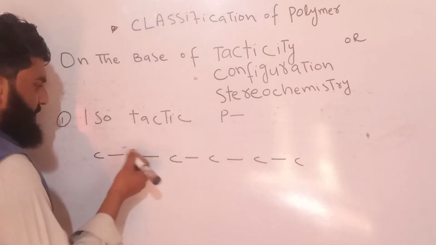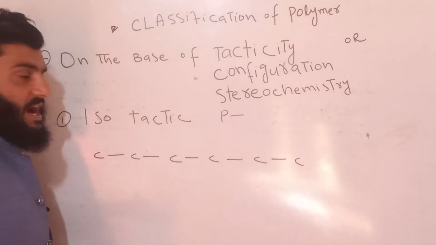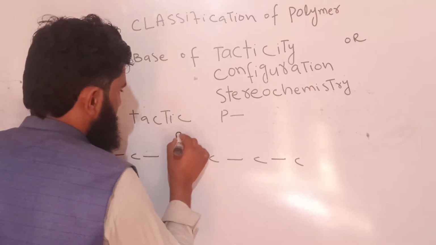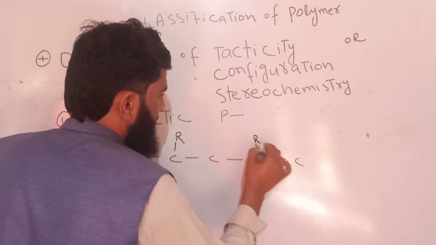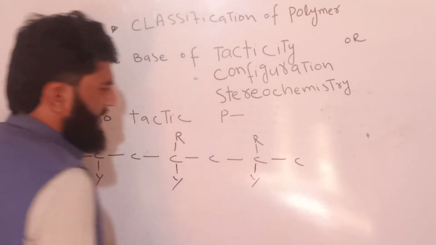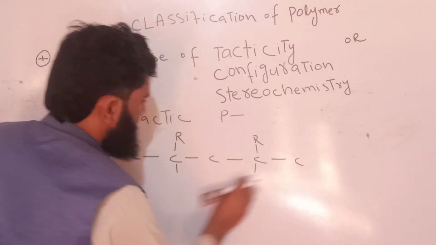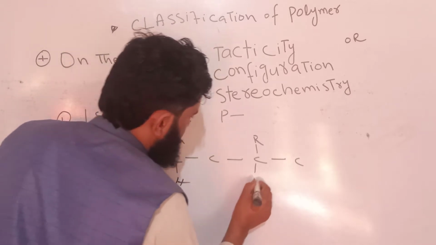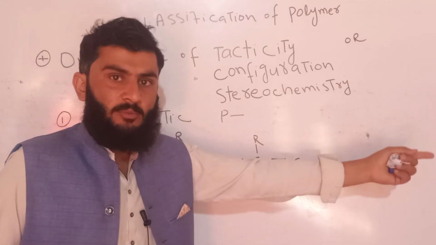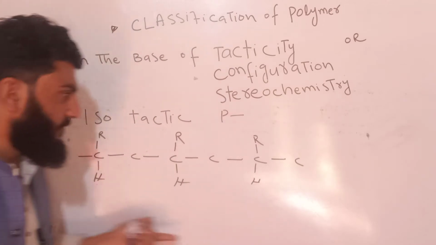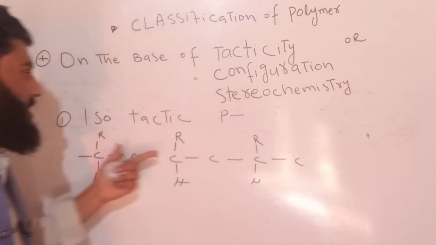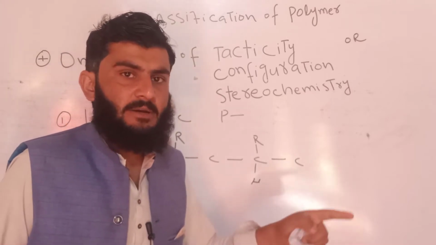And if the substituents are arranged as, for example, R, and below, for example, H. So for example, if this is a polymer, a long chain of monomers that have combined and formed a long chain, and if the monomers are arranged in such a way, then such type of polymer is known as isotactic polymer.